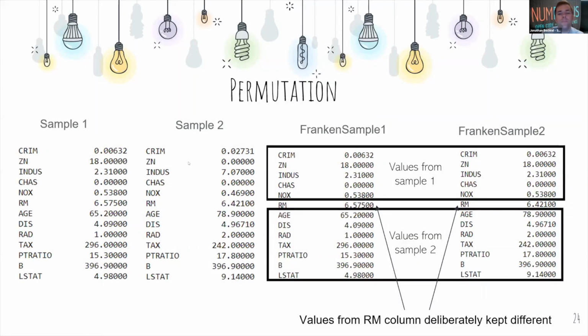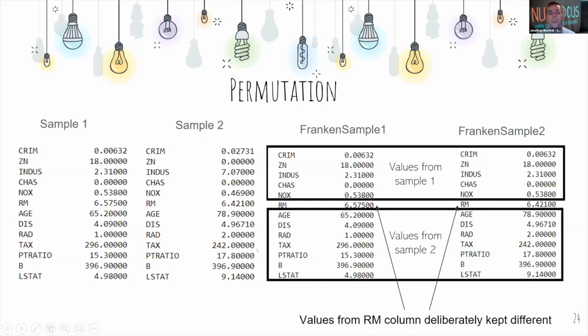In this case, imagine you have two samples in your data set, sample 1 and sample 2, and you want to calculate the influence of, let's say, something inside the room column, which is 6.575. How much is something like that contributing to whatever your model's prediction is?